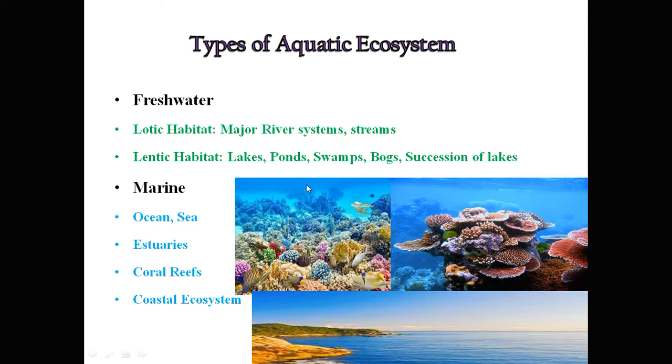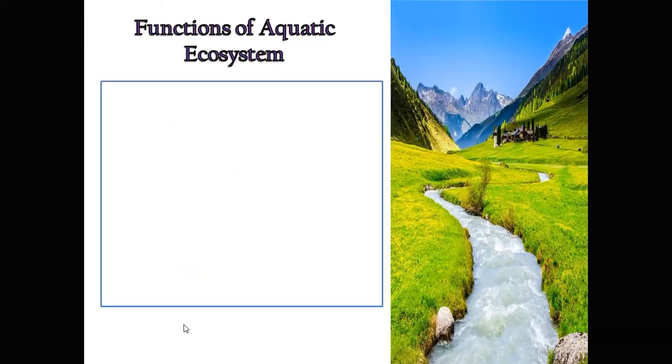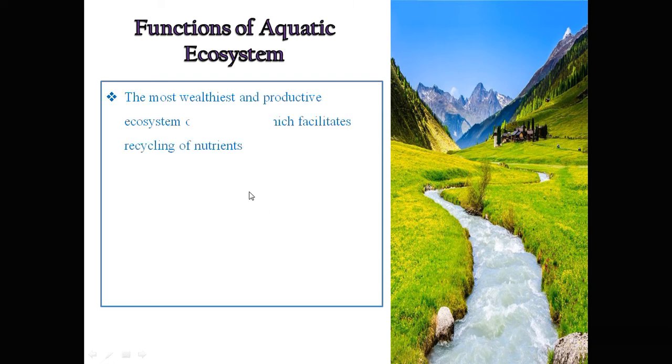So this is about the freshwater and marine ecosystem. What is the function of aquatic ecosystem? The first important function is that it is the most wealthy and productive ecosystem on the planet, which facilitates recycling of nutrients.